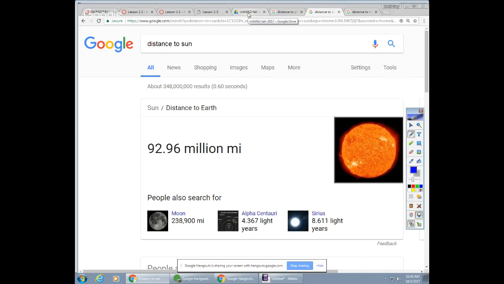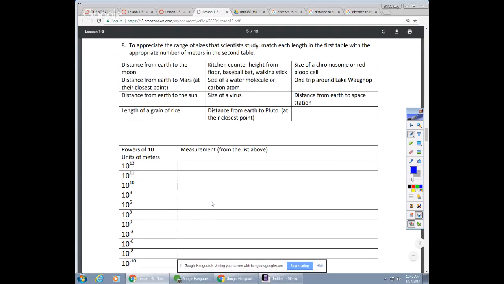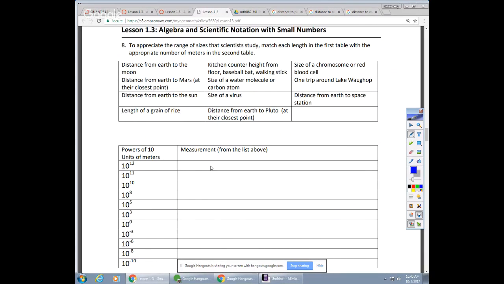So where am I going? Back here. 10 to the 12th. Is that a billion or a trillion? Trillion. Is Pluto really a trillion miles away?